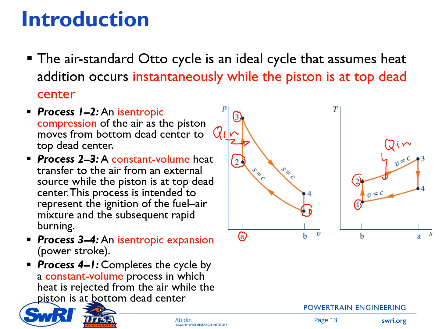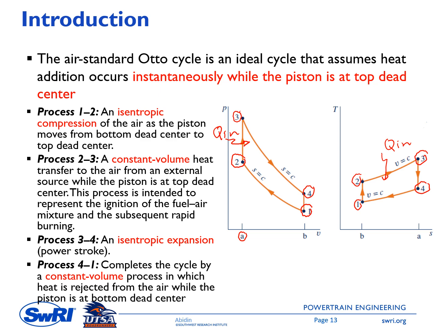The next process is the line connecting point 3 to point 4. It is an isentropic expansion, sometimes also called the power stroke. Isentropic, so it means S3 equals S4.